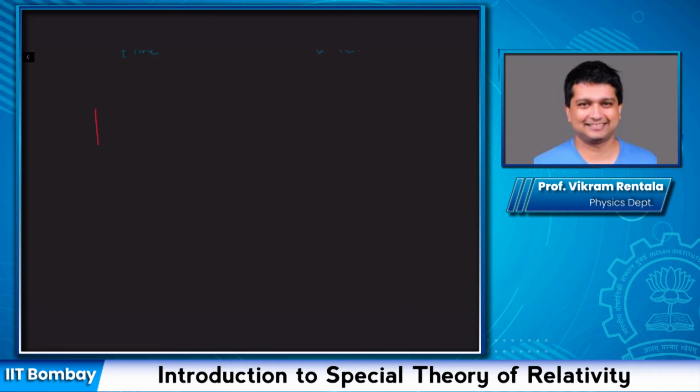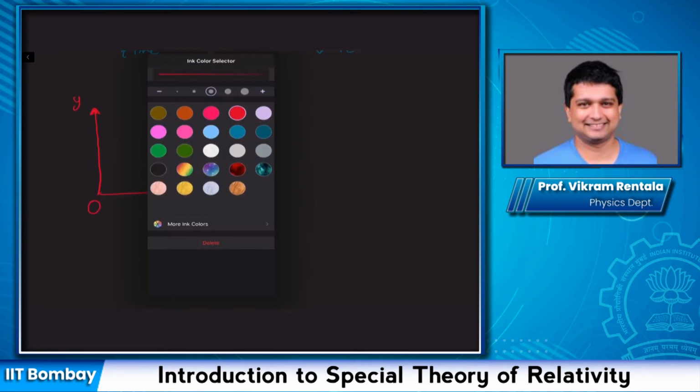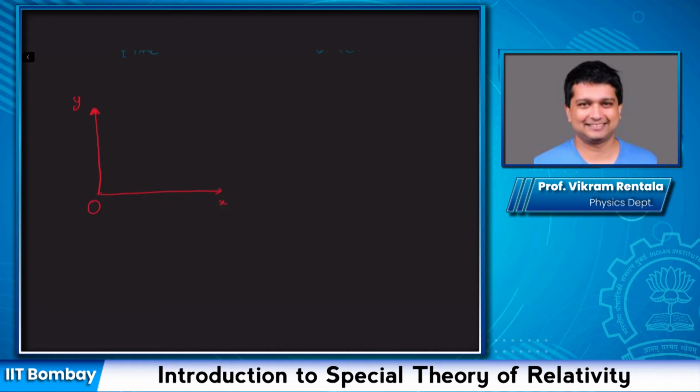So let's take one observer here with origin O and coordinates x and y. I'll just take 2 dimensions for simplicity. And let's take another observer who chooses to set their coordinate system in such a way that they are displaced from this origin by an amount a.